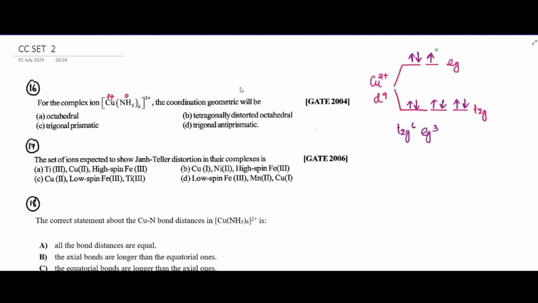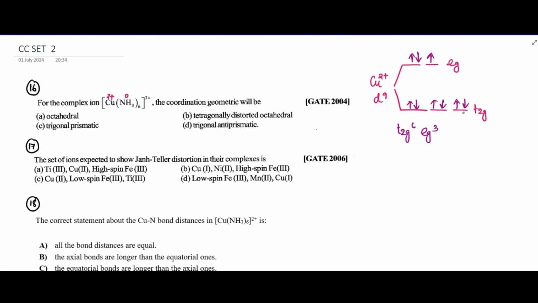But since there is unequal distribution, it's going to be a distorted octahedral. So how is it distorted? Option C, trigonal prismatic. The correct option is distorted octahedral, tetragonally distorted octahedral. That's how you call it.